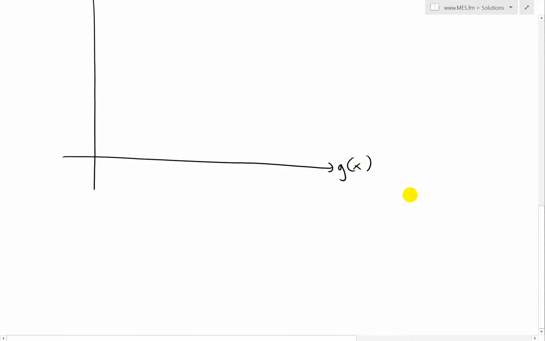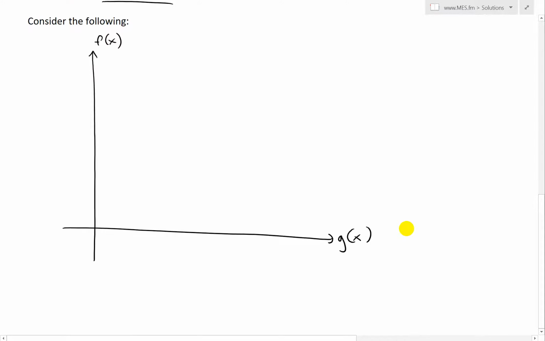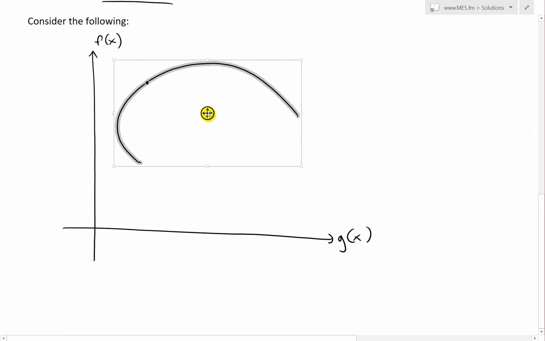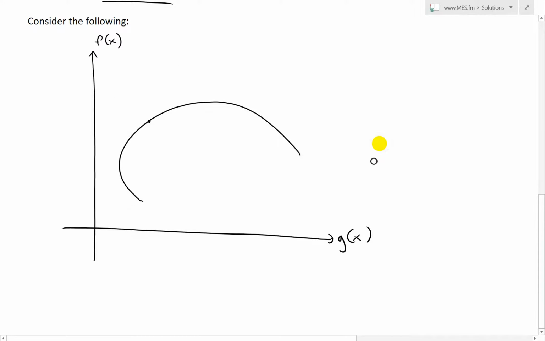If you were to plot these, let's say we had a curve that looks something like this, and it could look like this because these are just random functions of x. For whatever value, you're going to have a different value there. But let's look specifically at this point right here. Let's move this down here just to make it easier to write.